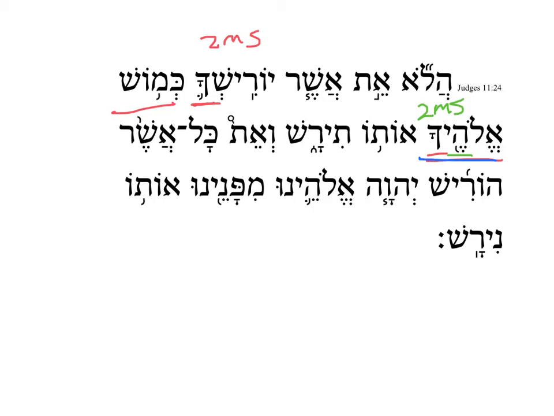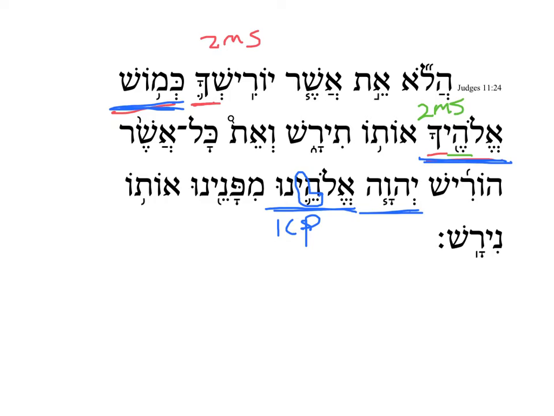Now again, this is Chemosh, so it's singular, a particular god, but just like Israel's God, where we have the form Eloheinu. Notice the ending, because it's a plural form of a word, but it's ours, first person, common, plural, our God, Hashem.